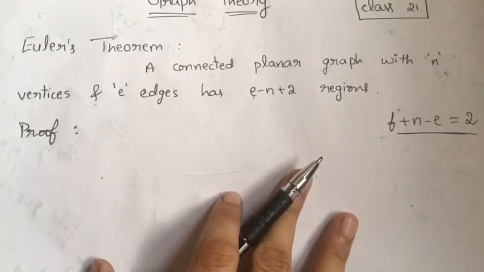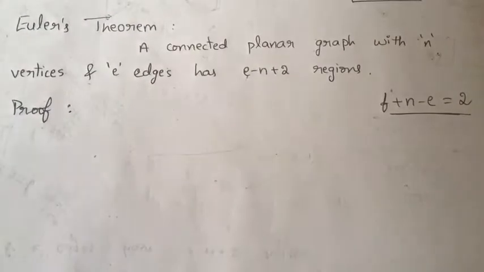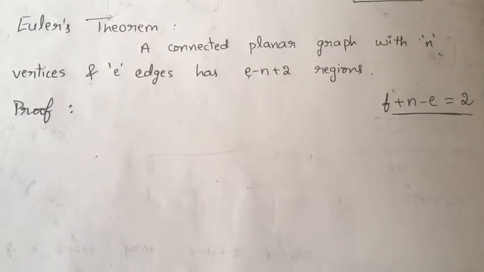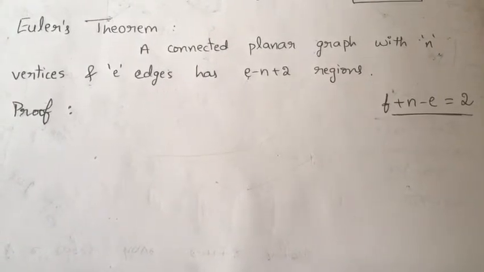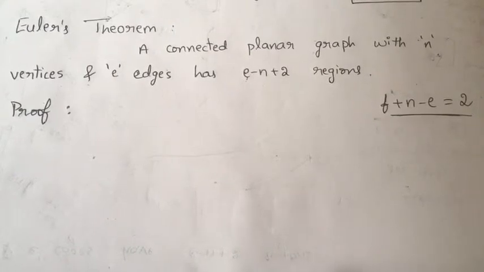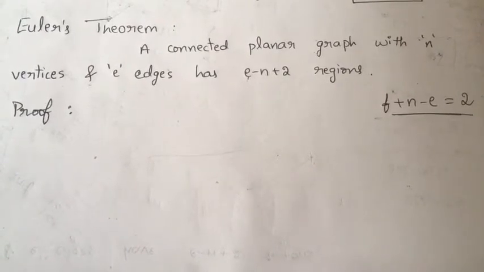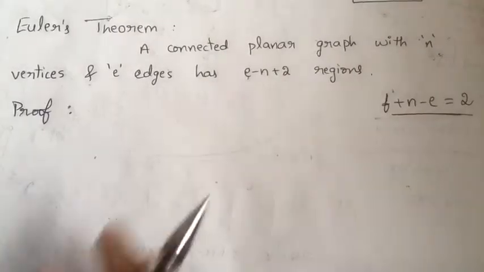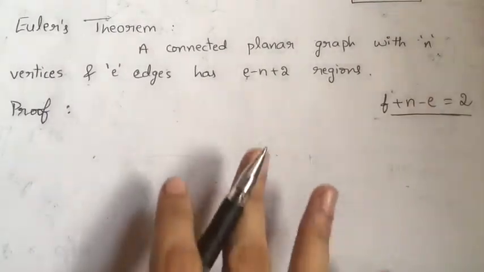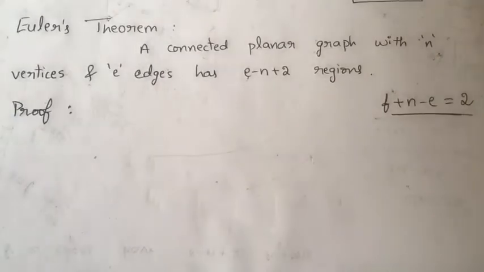Okay. I know that any simple graph can have a plane representation such that each edge is a straight line. Then I can say each region can be considered as a polygon, including the unbounded region. Each region I am considering as a polygon.